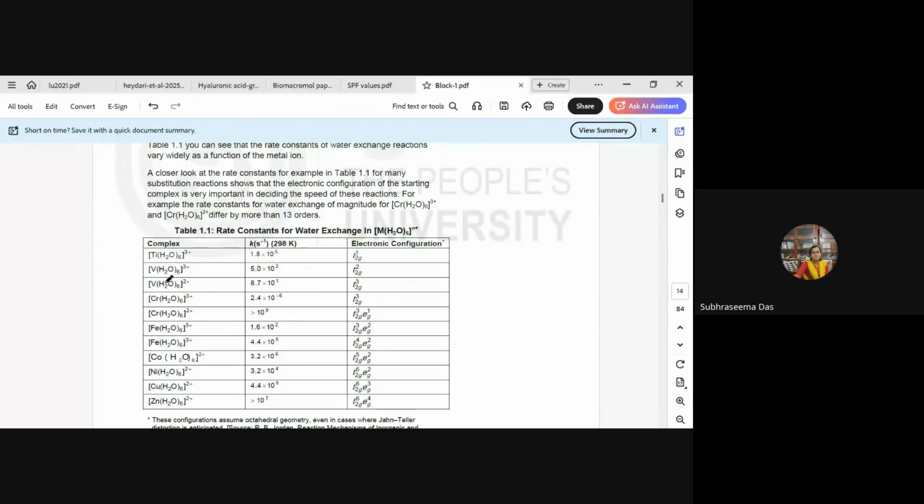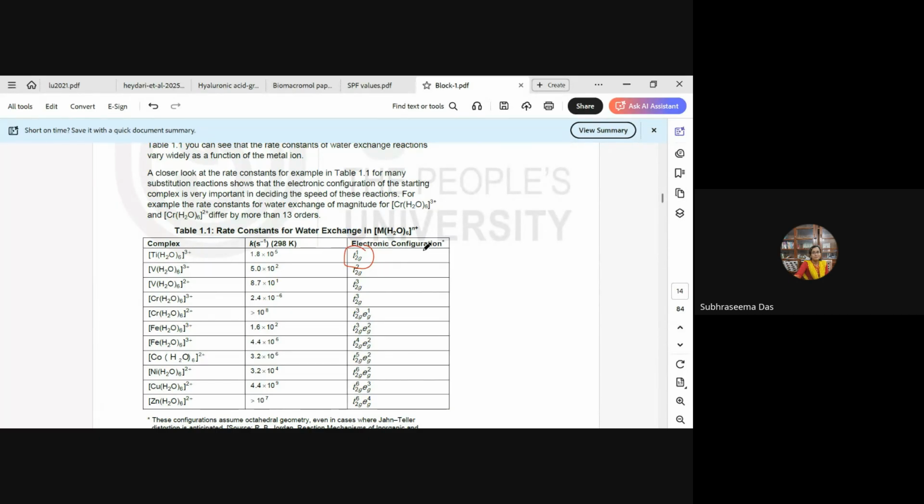Here, for the first complex, you see [Ti(H2O)6]³⁺. We know titanium 3+ has the electronic configuration t2g¹. The electronic configuration is derived by looking at the type of ligands attached to the central metal atom and then calculating the number of d electrons present in the system. So titanium 3+ is a 3d¹ system.